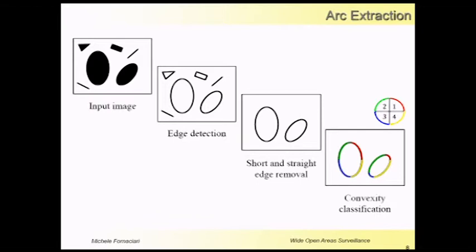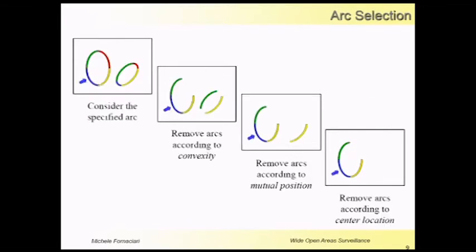So we increase the computational cost and decrease the accuracy. So I need a strategy to select 3 arcs that lie on the boundary of the same ellipse. For example, considering the blue arc pointed by the arrow, I want to find a green and a yellow arc that lie on the same ellipse boundary as this blue one.